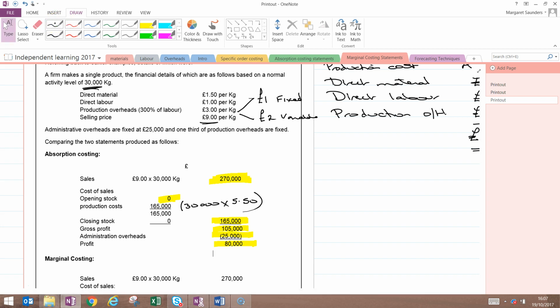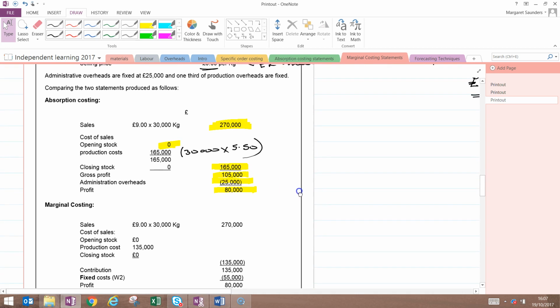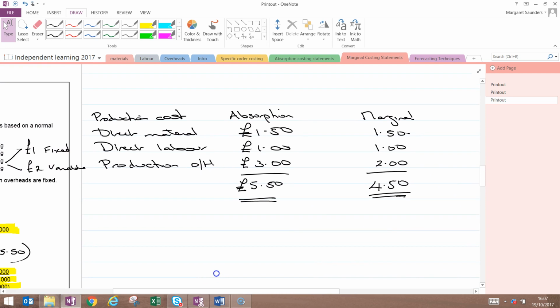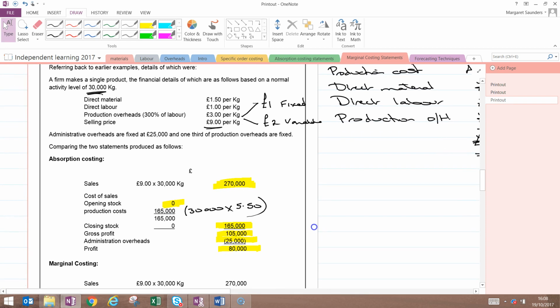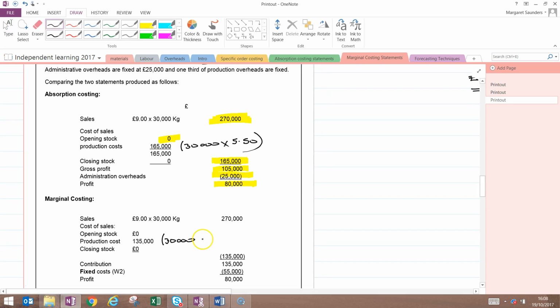Now if we look at marginal costing, the sales still the same, the production cost 30,000 kilos, but under marginal costing we had worked out a production cost of £4.50 a kilo. So that's 30,000 times £4.50.